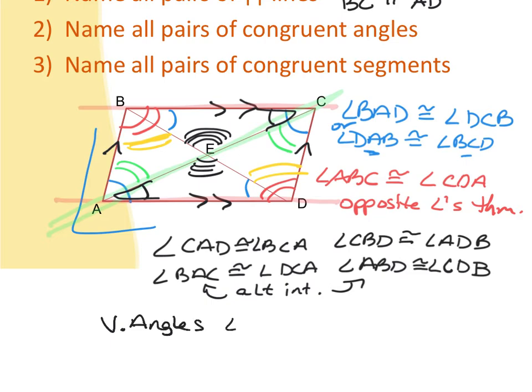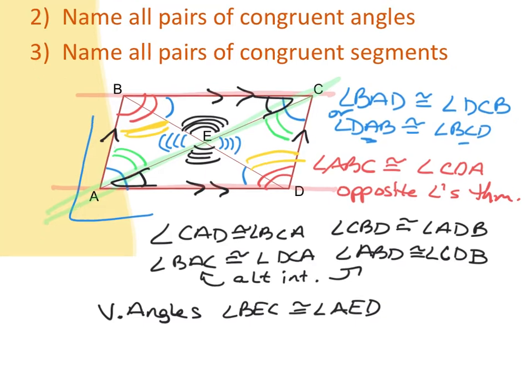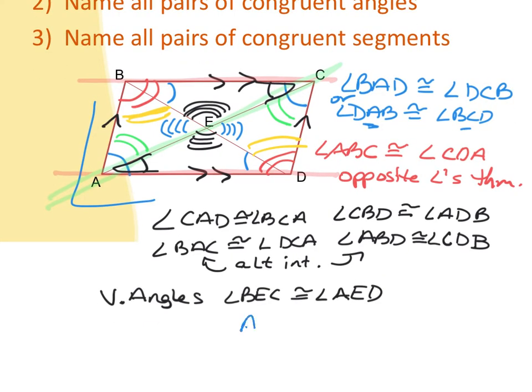So I could call this angle BEC is congruent to angle AED. And then I have the other vertical angles on the other side. 1, 2, 3, 4, 1, 2, 3, 4. So I could call this AEB is congruent to CED.